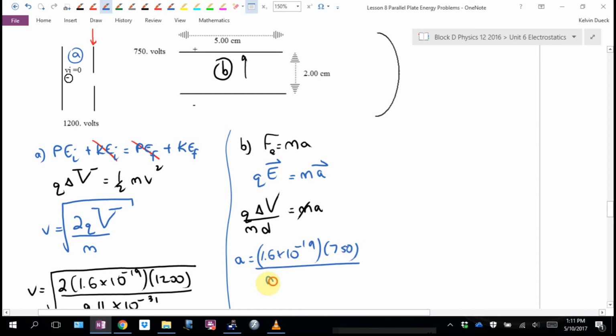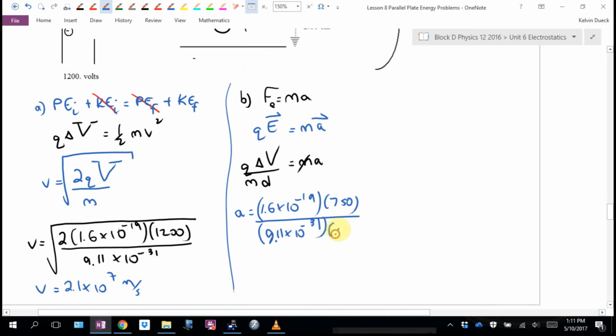Mass, 9.11 times 10 to the negative 31. And the distance, please don't say 2. 0.02. All right. What's the vertical acceleration?